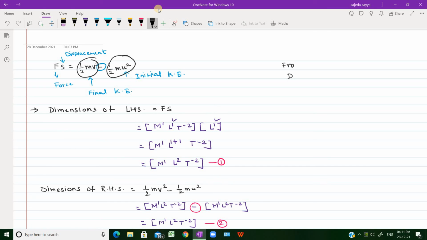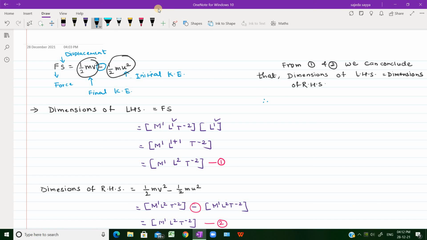From 1 and 2, we can conclude that the dimensions of LHS equal the dimensions of RHS.